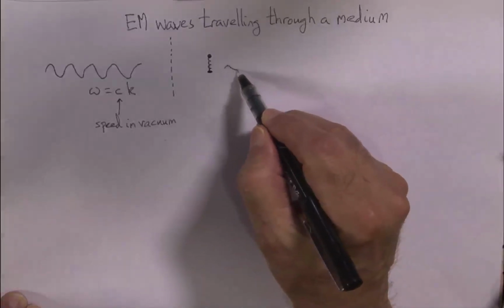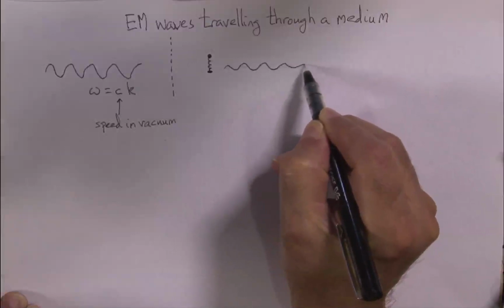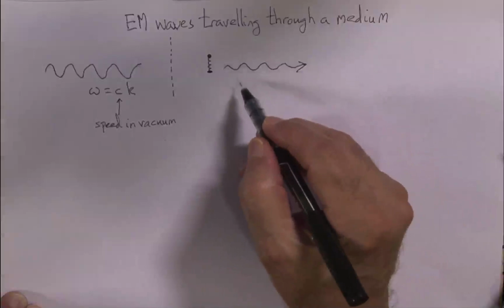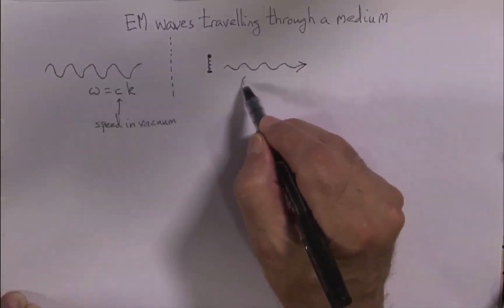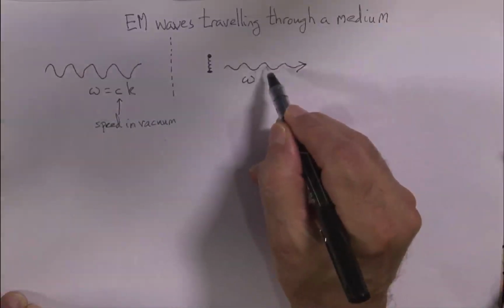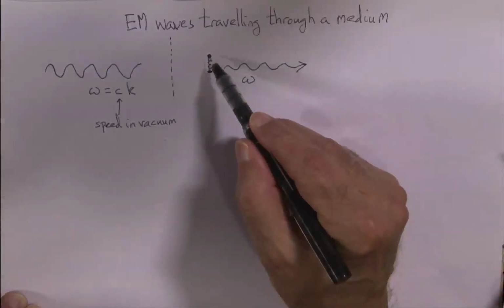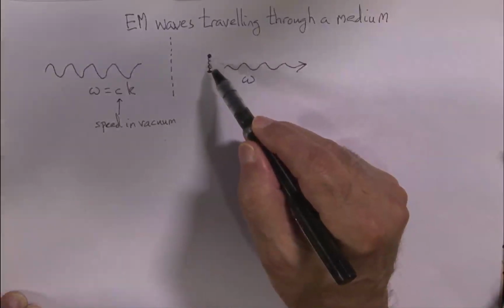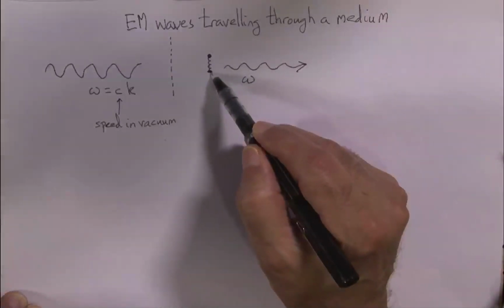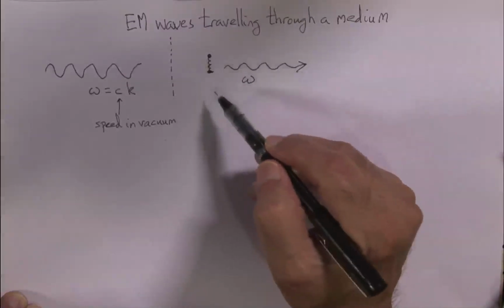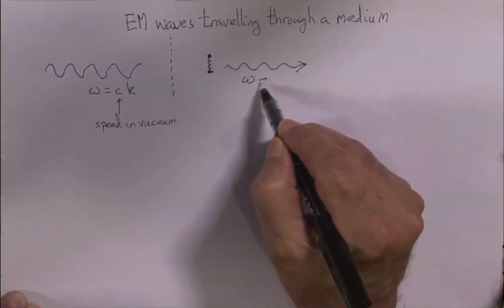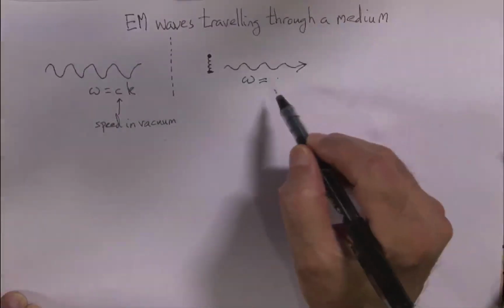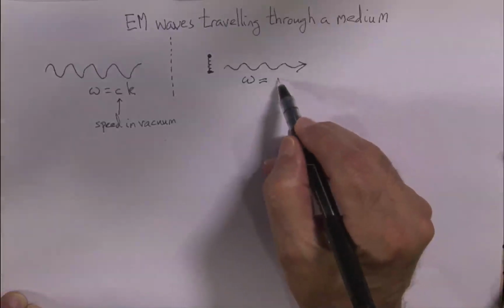And so out come electromagnetic waves. They will have the same frequency. So this omega and this omega will be the same. But now everything depends upon how strongly this electron is bound to the core of the atom or whatever. And so there is absolutely no requirement that the speed in the vacuum and the speed inside the material be the same.